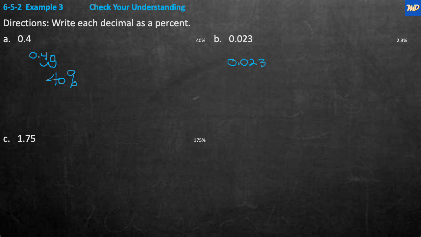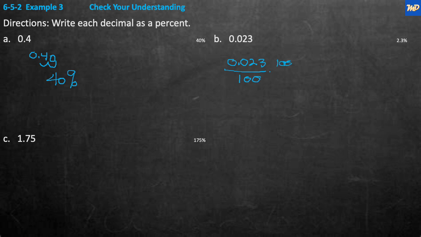0.023. We're going to convert that to a percentage. So let's just do that. What we want to do is multiply this by 100 over 100.